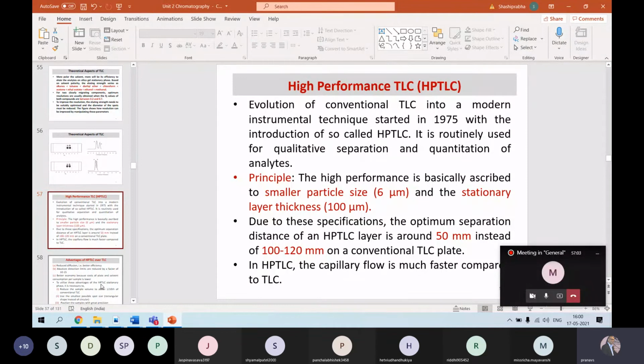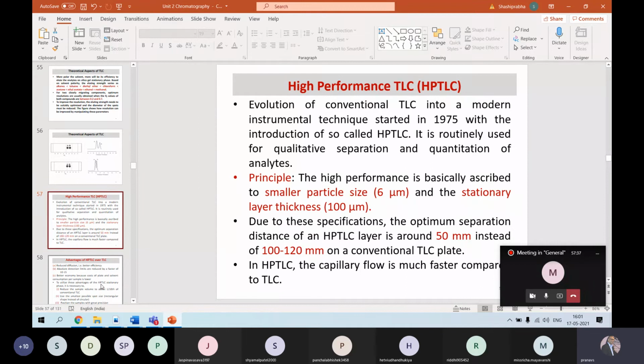Now in HPTLC, what is the major difference between HPTLC and TLC? First and foremost, the particle size of silica in HPTLC is 5 to 6 micrometers, whereas in conventional TLC, which you do, it is 12, 13, 14 micrometers.